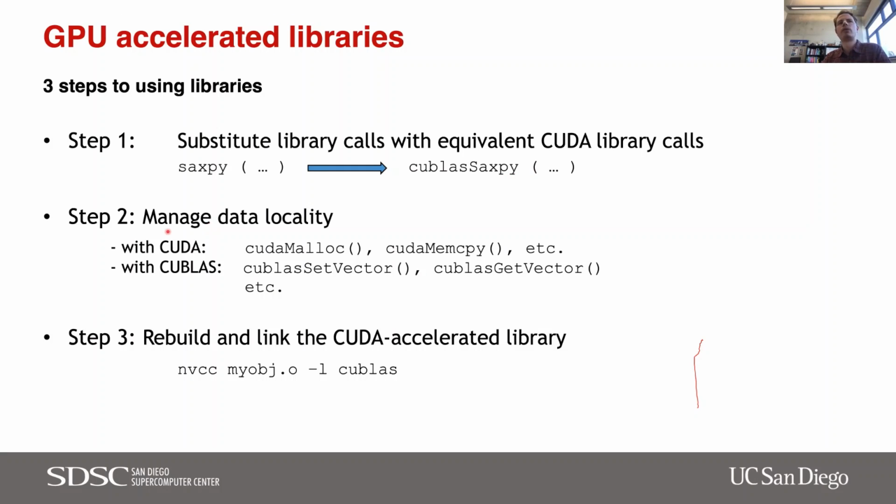And then, as I told you, you have to manage memory, so you have to manage the data locality. You have to allocate memory on the GPU with cudaMalloc, copy data forward and back to the GPU, and you can use functions that come with cuBLAS as well, basically to copy and retrieve vectors, for instance, or matrices. And then all you have to do is compile your code with NVCC and link it against the cuBLAS library.